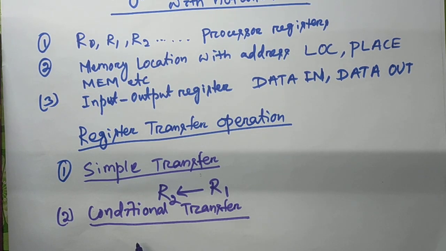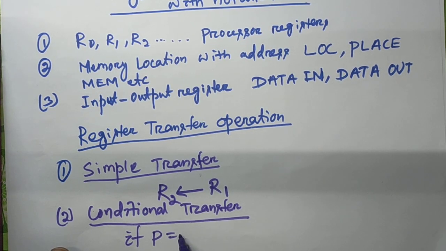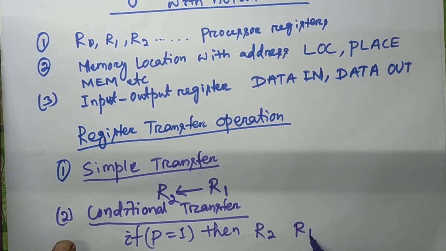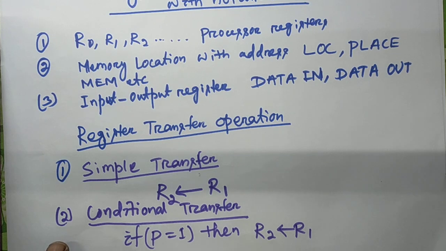For example, suppose if P is equal to 1, P is one statement which is equal to 1, then in the same category of data transfer, the content of R1 is transferred to R2.